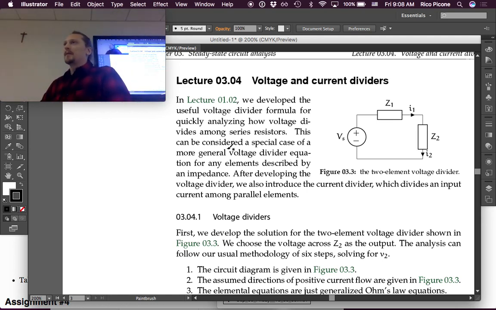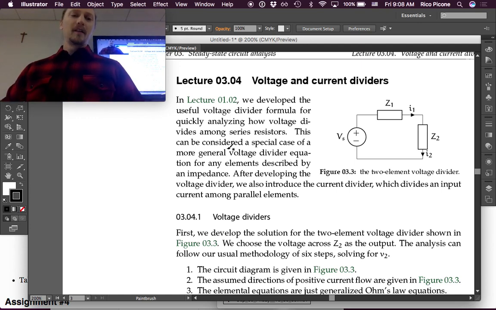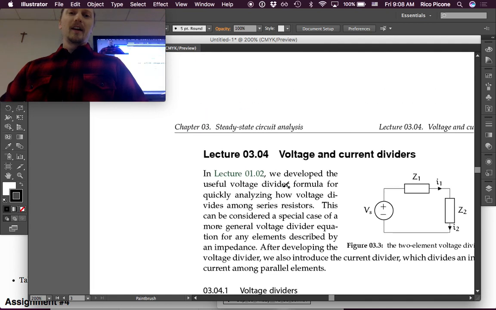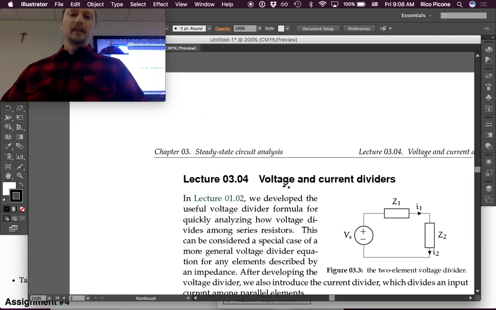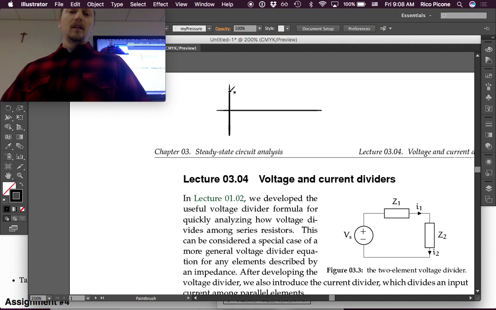But sometimes we want the transient response, like in your homework problem this week. You want that transient response. Just to give you an idea of what it should look like when you graph it. So you've got your graph of the response.